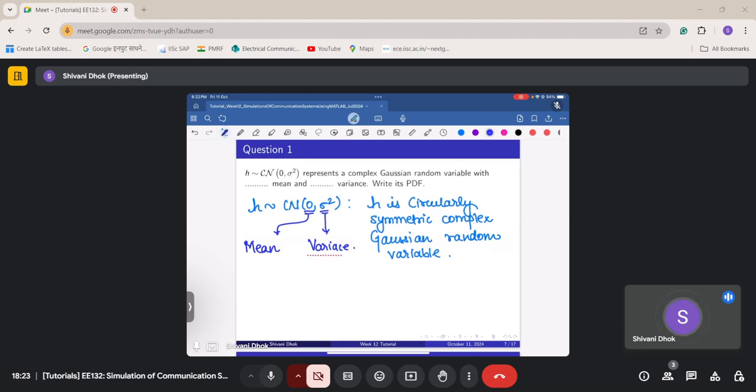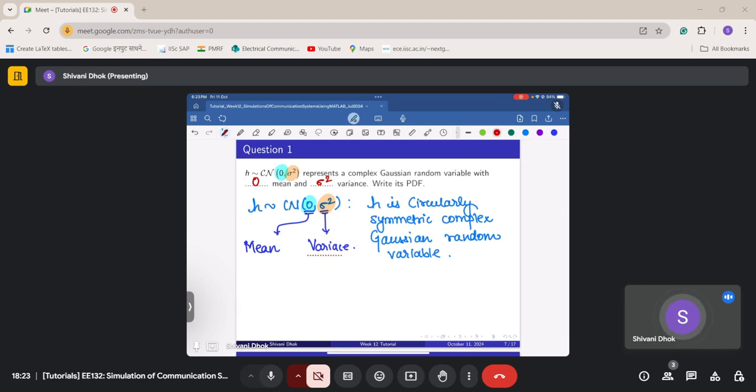So if you compare that, this particular thing here is your mean and the sigma square here is your variance. So this is a zero mean and sigma square variance complex Gaussian random variable.